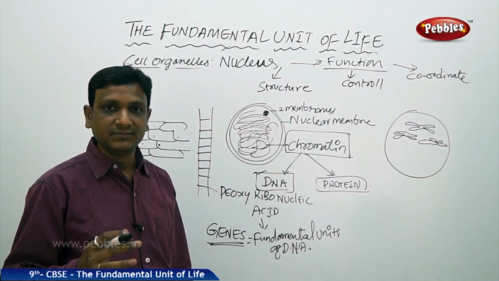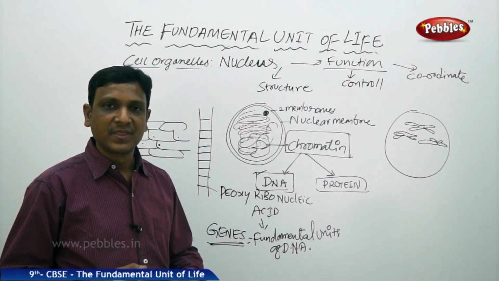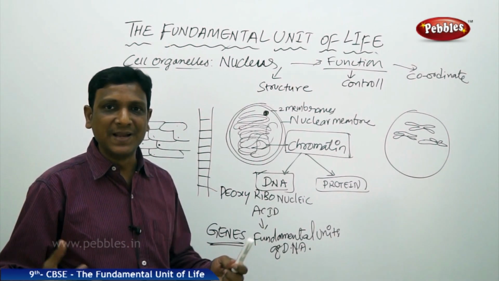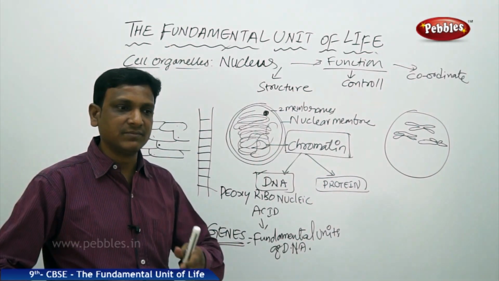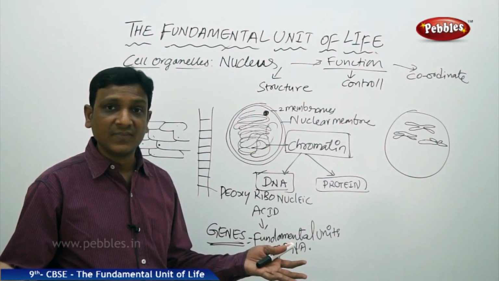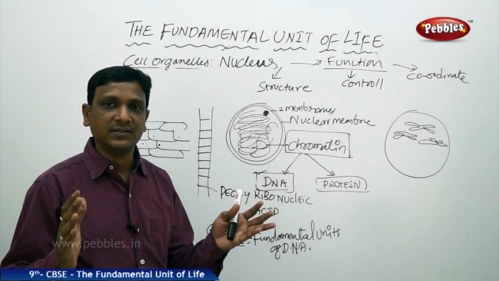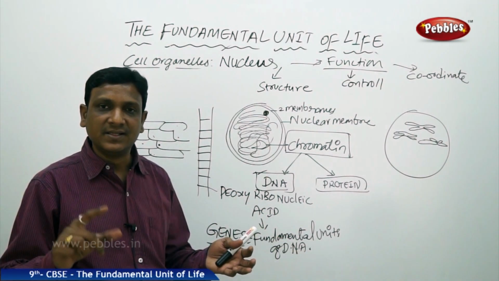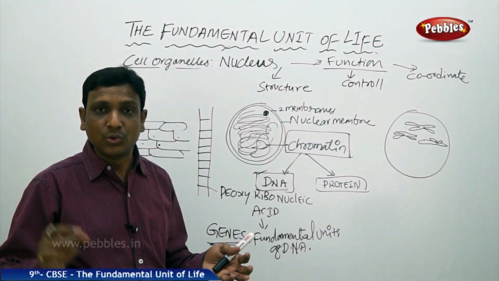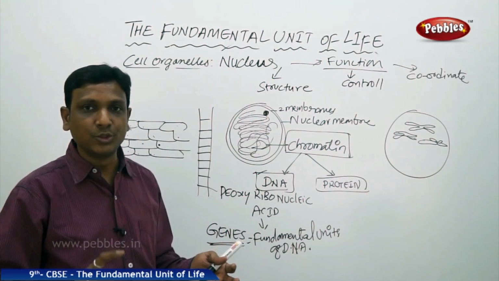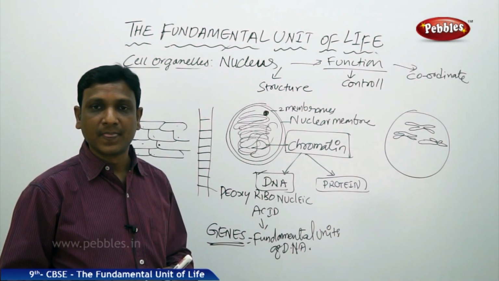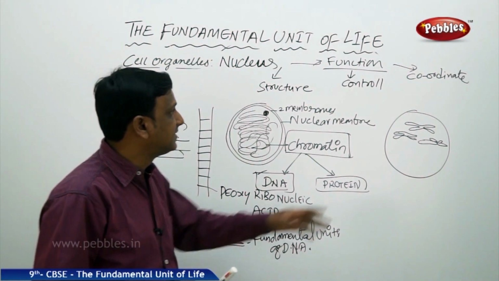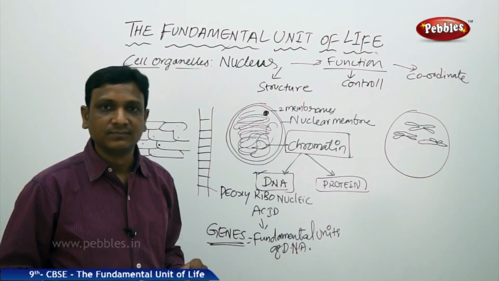These things have to do different tasks, but they don't do the tasks aimlessly. That means unnecessarily the cell organelles do not prepare anything. If a cell requires something, if your body requires something, the cell will prepare the material. But who will give the instruction to the cell organelle to prepare that material? How much material has to be produced? That is decided by the nucleus.